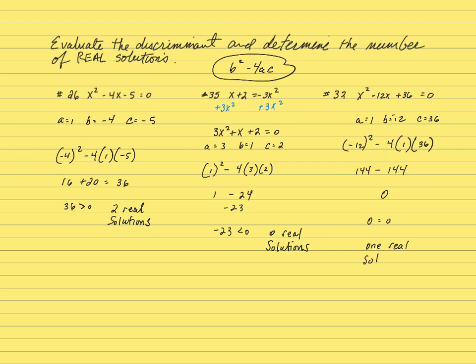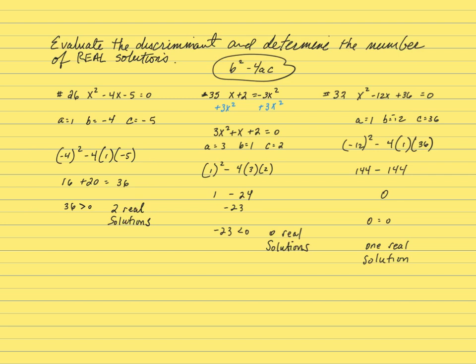And then just going back and understanding real quick, the discriminant is going to be b squared minus 4ac. You have to make sure that your equation is in standard form in order to find your a, your b, and your c values. Then we substitute in a, b, and c into our discriminant, solve, and if we have a positive number greater than 0, it is 2 real solutions.